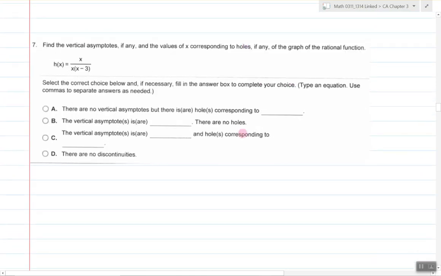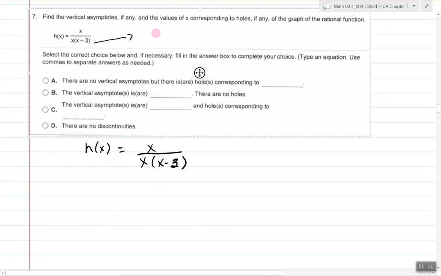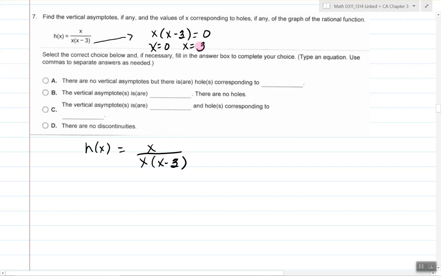Number 7. I'm going to rewrite it down here. H of x is equal to x over x times x minus 3. Now, if I started just at the very beginning and said, are there any exclusions? You would say yes, x equals 0 is an exclusion, x equals 3 is an exclusion.